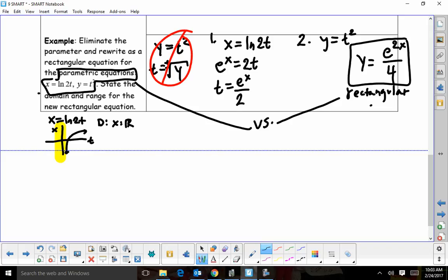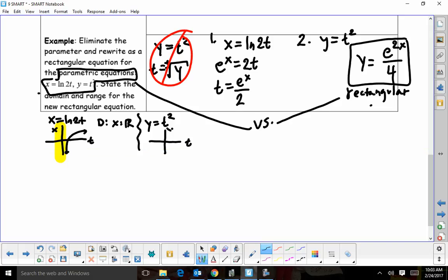Okay, let's go graph our y equals t squared. So again, I have now t and y, which looks like this.